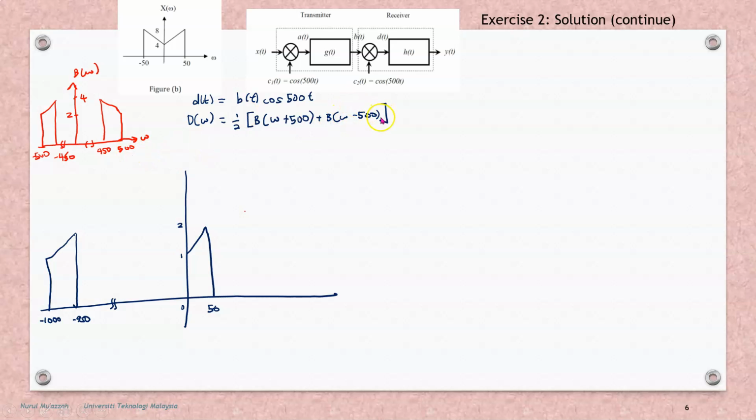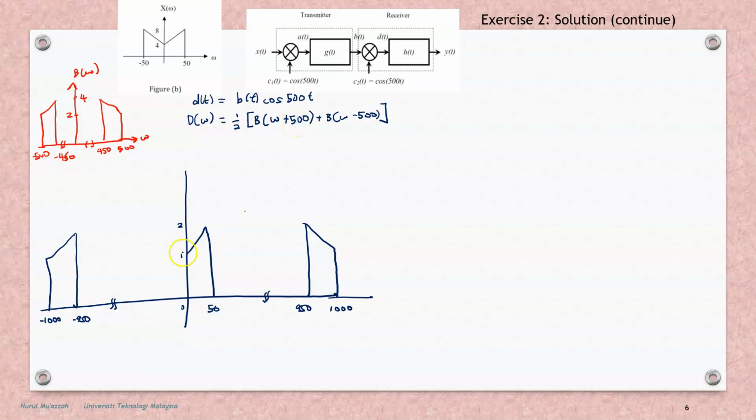So 500 plus 500 to the right, so we have another component of this. This one is 1000, 500 plus 500 is 1000. This one should be 950. And this signal, when we shift it by 500 to the left, means to the negative side, so we minus 500, this 500 will become 0.